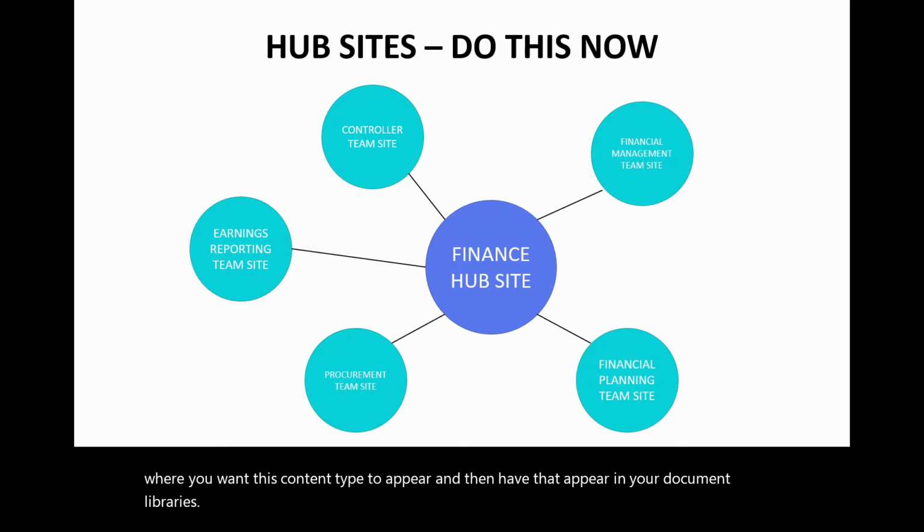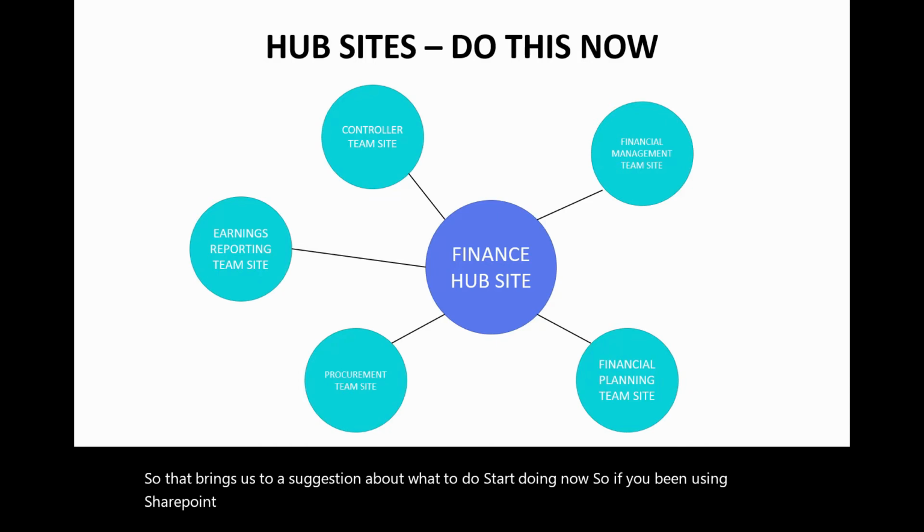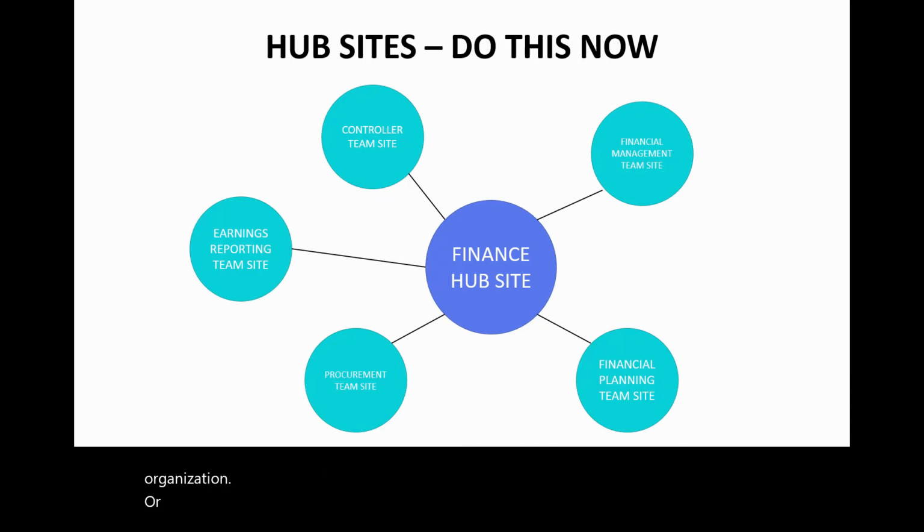So that brings us to a suggestion about what to start doing now. If you've been using SharePoint for a while, it's time to move away from the hierarchy sites into the hub and spoke model. So this idea is that you have a hub site, maybe for different departments in your organization, or whatever makes sense, like a project hub site for all your projects.